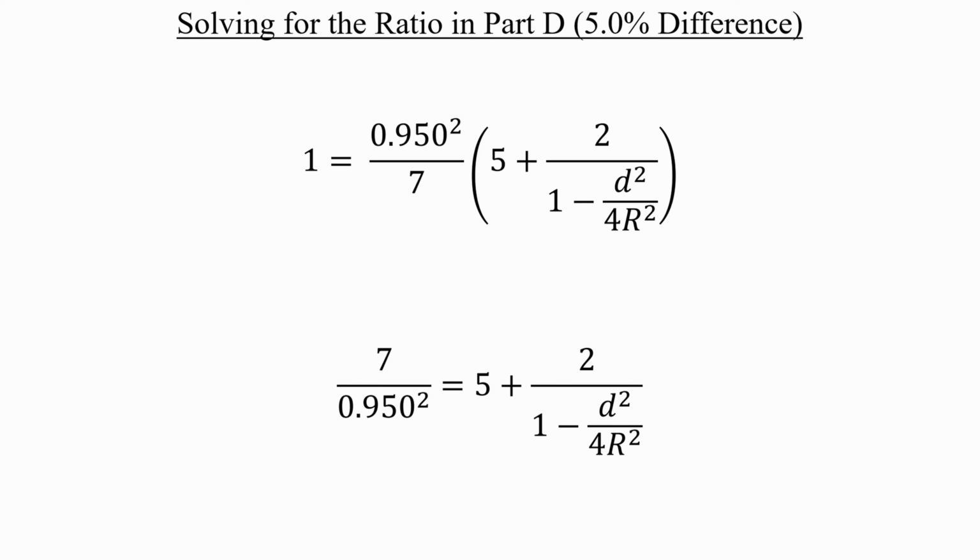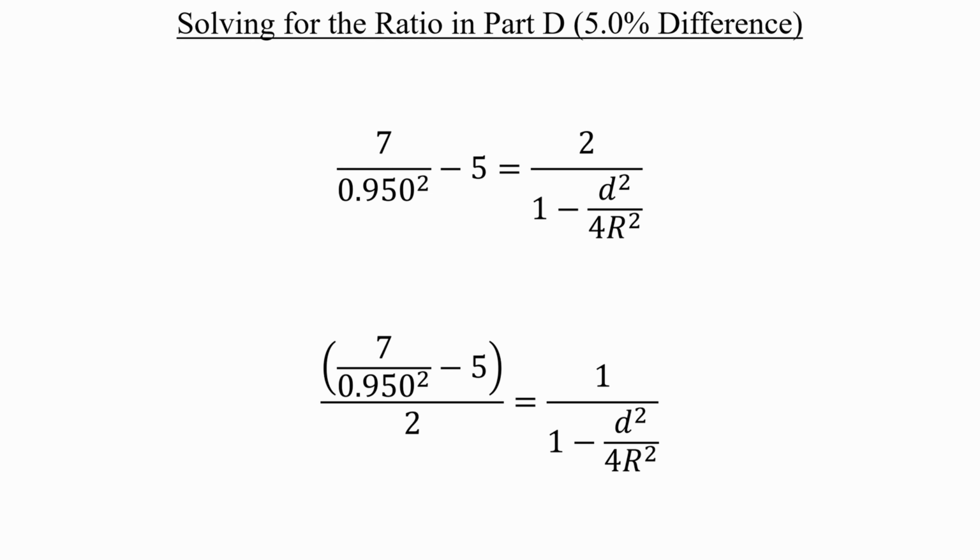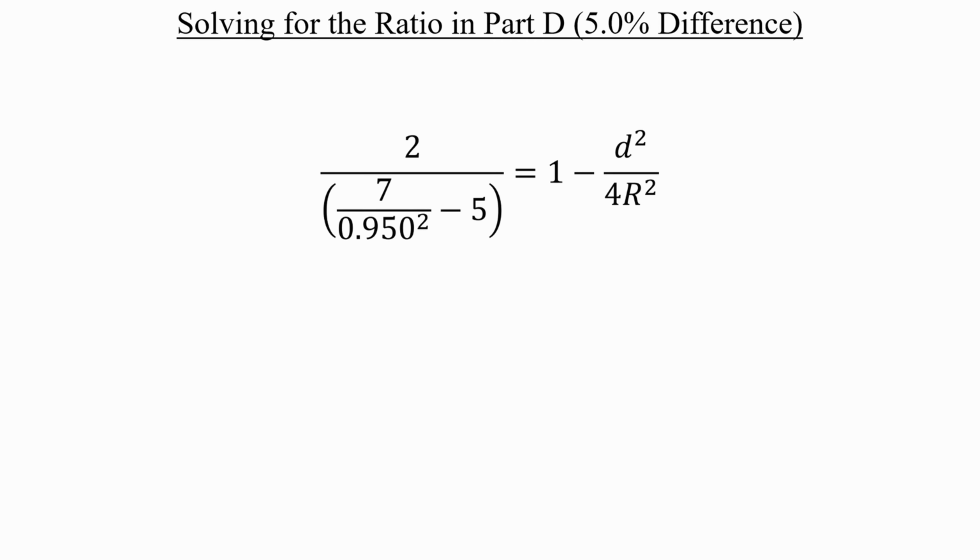I'm going to subtract 5 from the right and then divide both sides by 2. At this point, we can take the inverse of both sides to get this. Let's also take these ratios on the left and right sides and switch their positions.